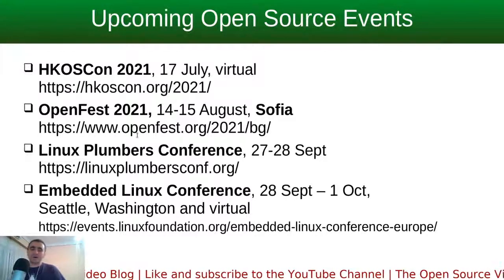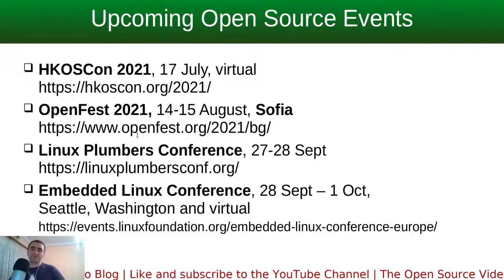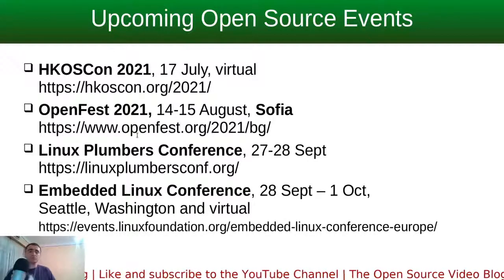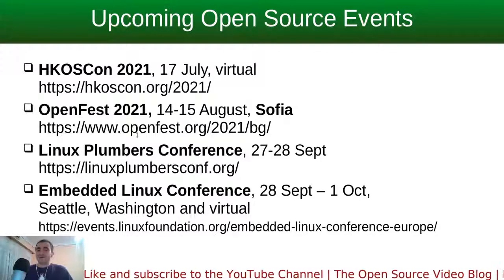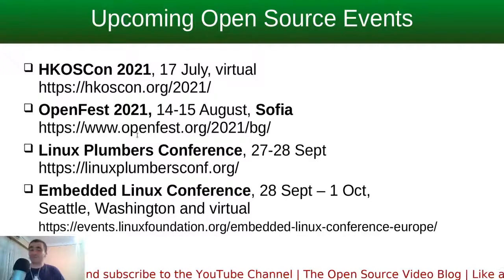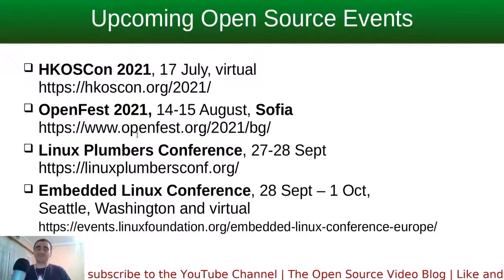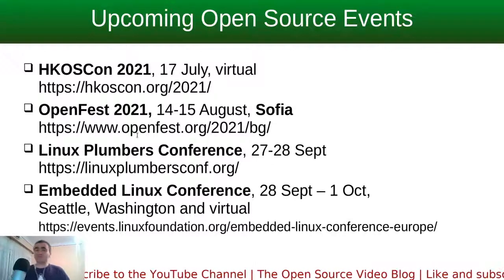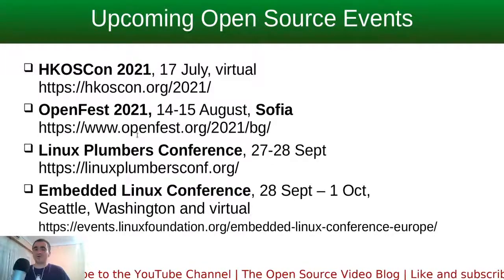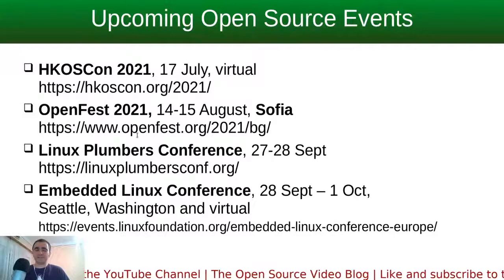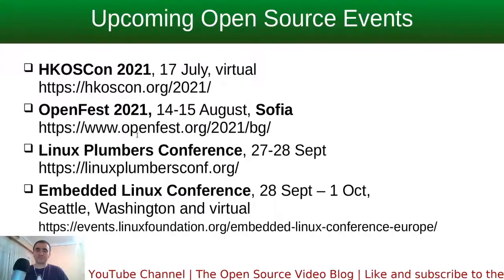First of all, in the middle of next month in July, on 17th of July, is the Hong Kong Open Source Conference 2021. I don't want to reveal details, but I hope that I'll be part of the schedule, which will be soon released. It's a virtual event, so even if you're not in Asia or in Hong Kong, you can watch it and take part of the Hong Kong open source event.